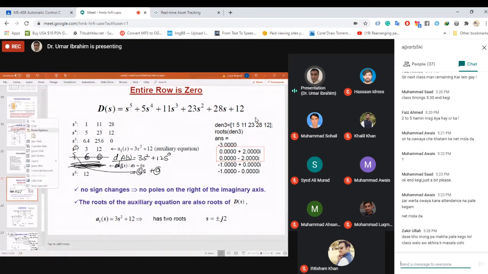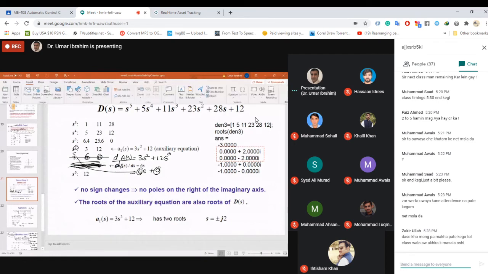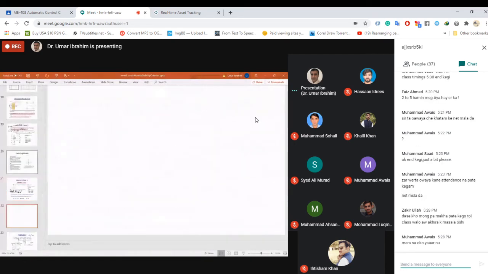Otherwise, मैं आपके लिए एक नया slide करता हूँ. Let's suppose we have this thing: S5, S4, S3, S2, S1, S0. So S5, let's suppose it is 2, 3, 4, 5, 9, 7.